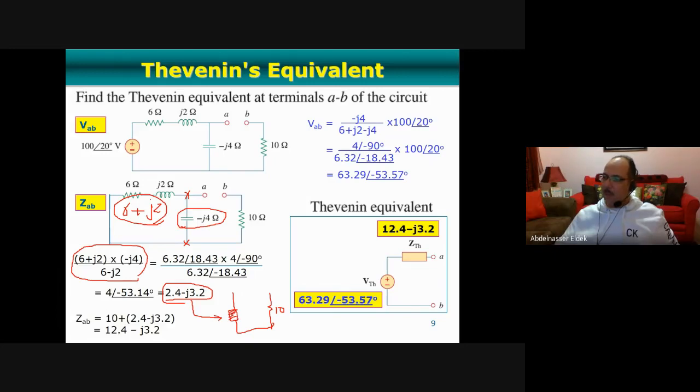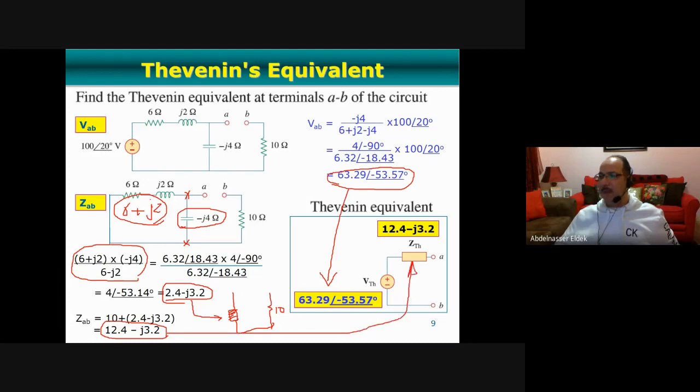Okay, so now of course they are in series. Then it is 10 plus this one here, which will be 12.4 minus j3.2. So this will be the impedance Z7. So in the circuit, you get the V from here. This is the voltage, and this is the impedance Z7.